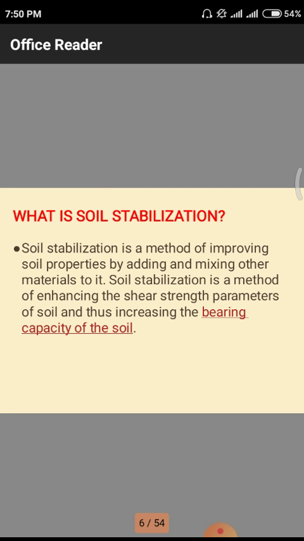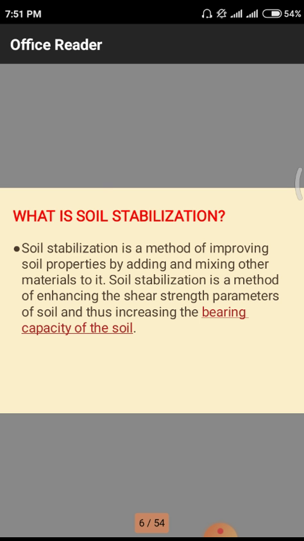Enhancing simply means incrementing parameters. Soils have weak properties like liquid limits, plastic limits, shrinkage limits, shear strength, compressive strength, and axial strength. Those properties we obtain by adding certain amounts of fly ash to the land.